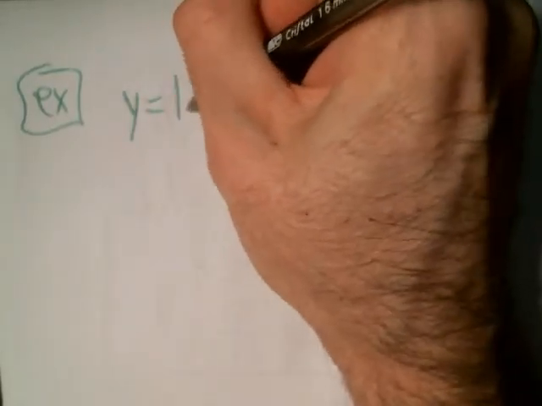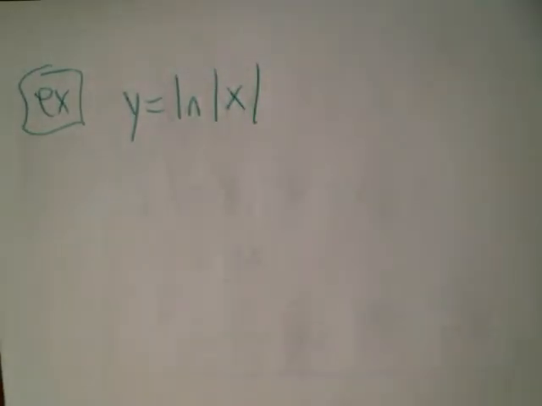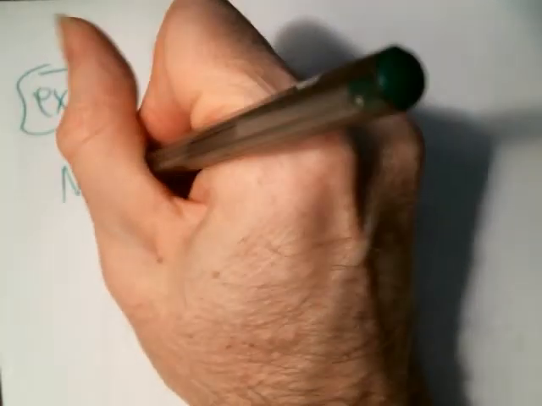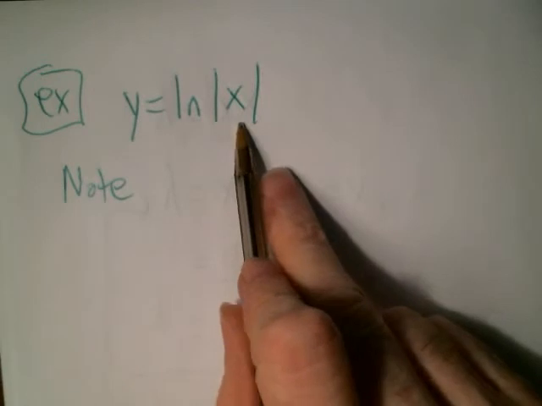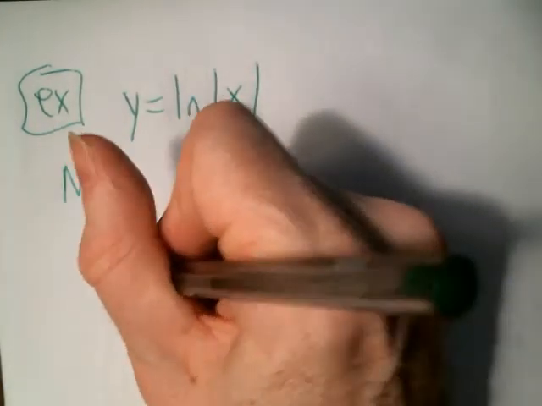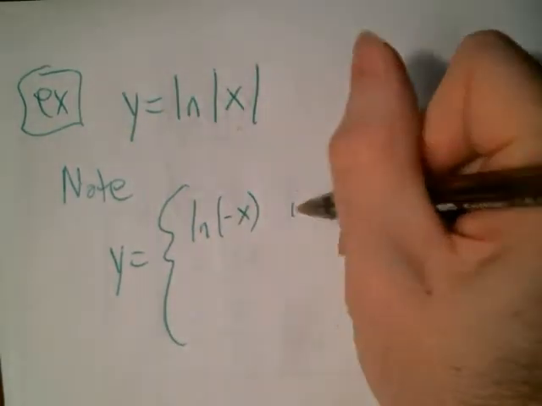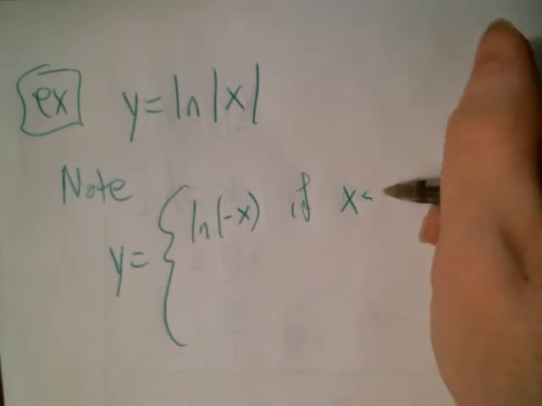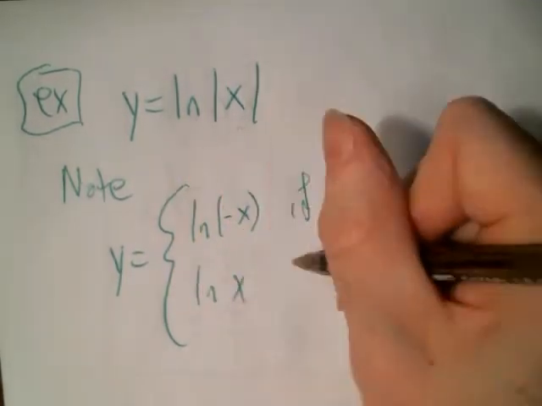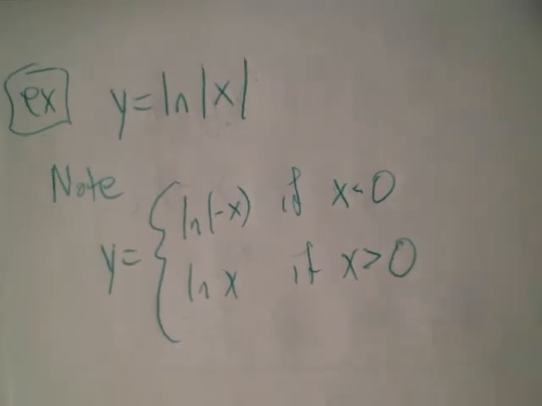Y equaling the ln of the absolute value of x. Note that we can always rewrite the absolute value as a piecewise function, right? So y in this case will equal ln of negative x if x is less than 0, and ln of positive x if x is greater than 0.